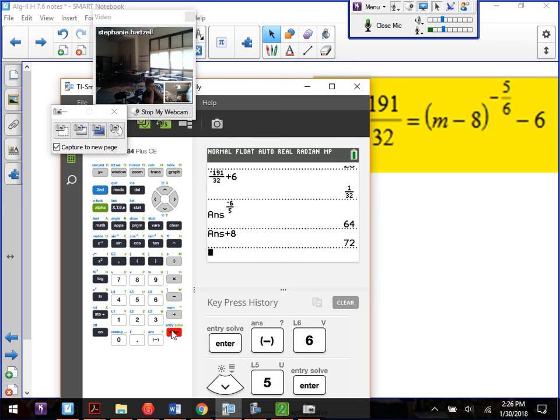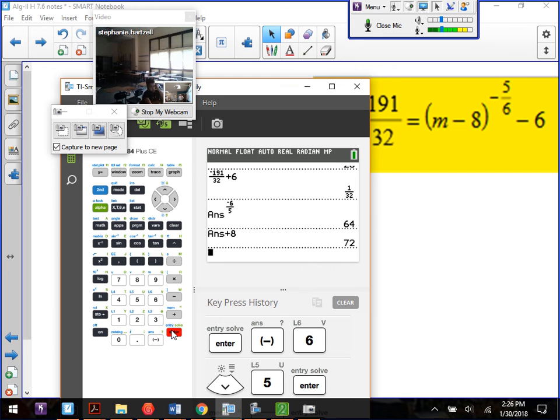Subtract 6, and then do a math, enter, enter, and you get negative 191 over 32. As god awful as that equation started out to look, it's really easy because you're using your calculator. So as ugly as some of these things are, sometimes the calculator is your best friend.